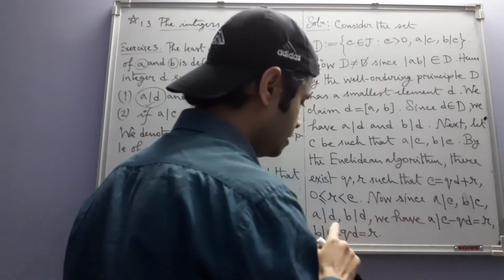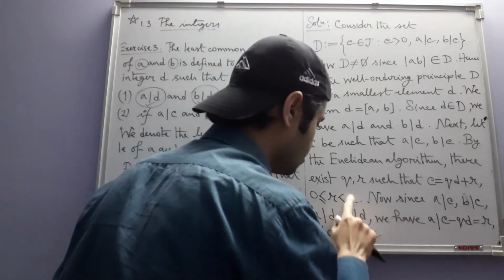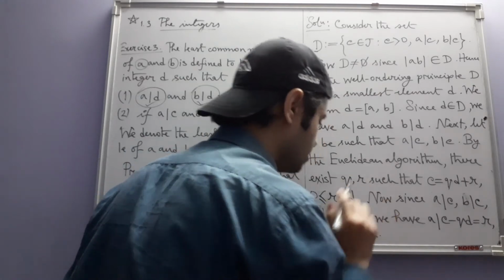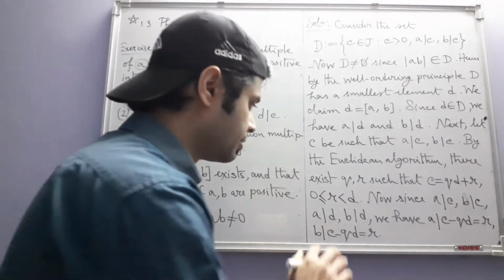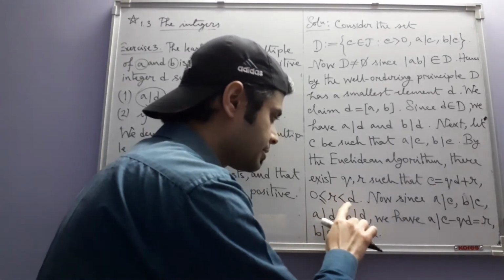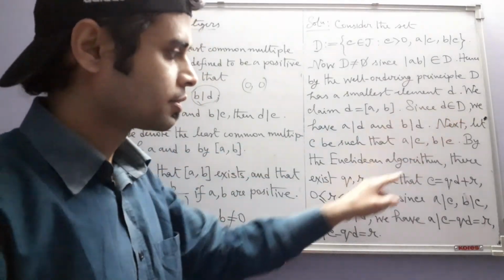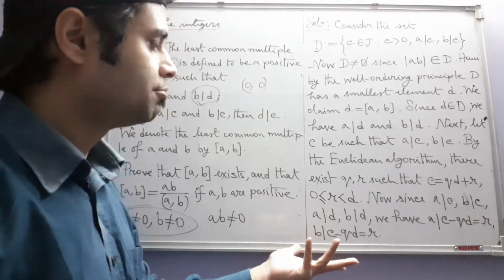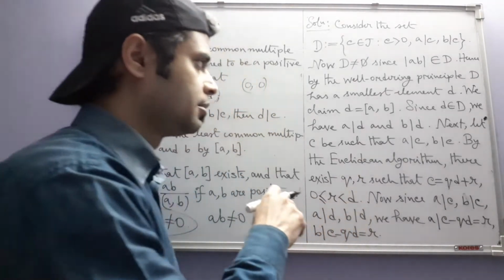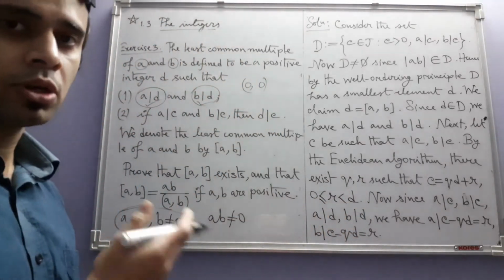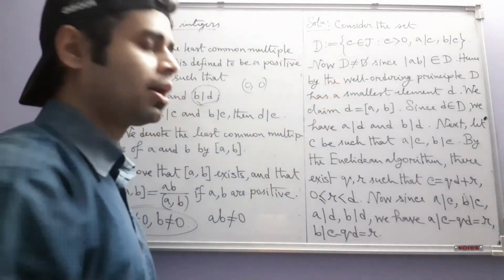but you see this R is less than, oh, it should be d, sorry, because we are dividing by d. Okay, sorry about that. R is less than d and d is the smallest element in capital D. So R cannot be positive, because otherwise the status of d as the smallest positive common divisor of capital D is violated.